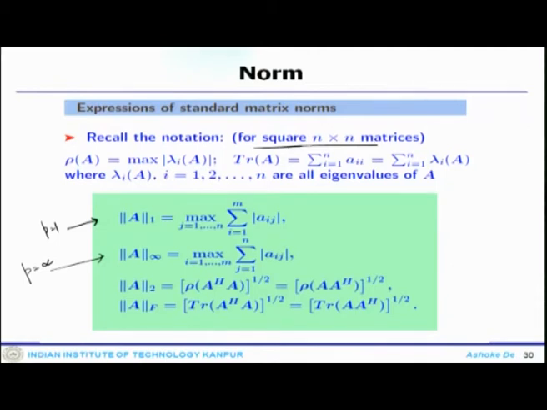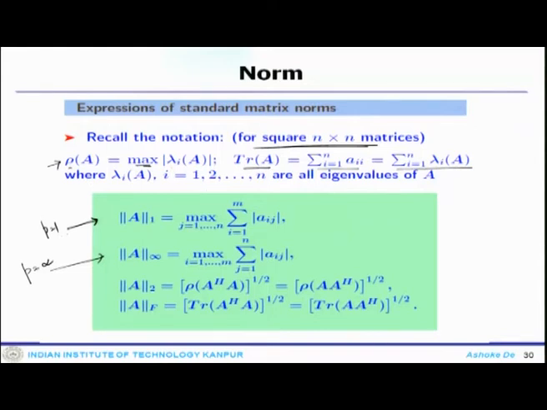Rho(A) is the spectral radius, which is the maximum of the eigenvalues of A. So, you find the eigenvalues of A, that is what one can represent as lambda_i(A). That gives you back all the eigenvalues, including the repetitive ones, and the maximum one is going to be the spectral radius. Trace of A is the summation of the diagonal components, or the summation of all the non-repetitive lambdas.